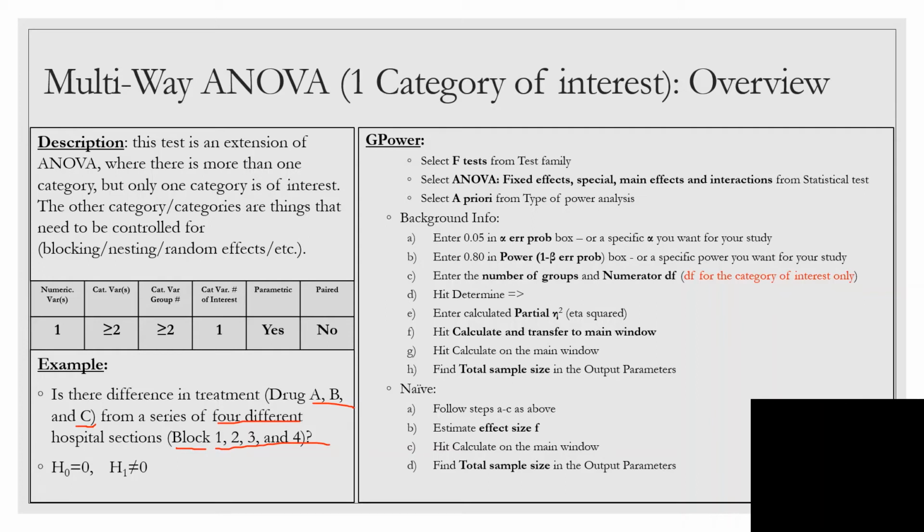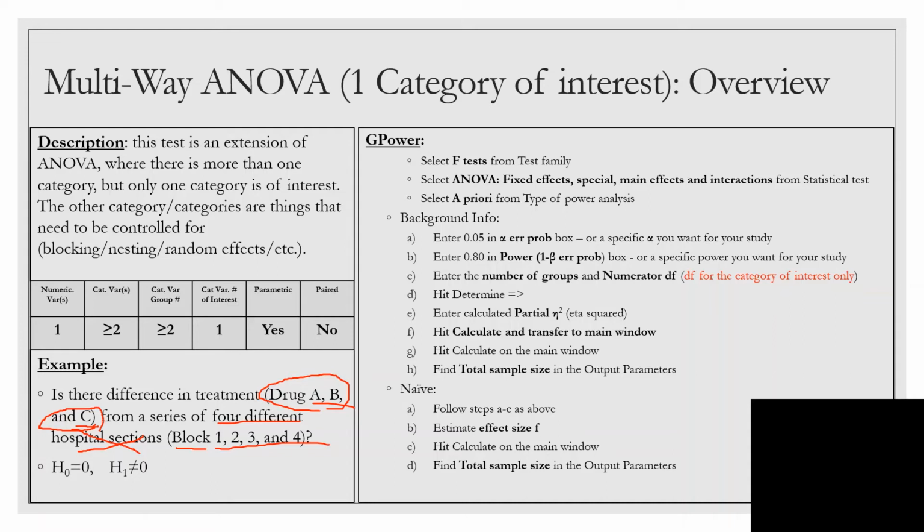We're not interested if there's a difference between hospitals, but we're aware that those might have effects. So we'll account for this to control for variation, so we can more accurately tell if there's an effect of our category we're interested in, say, drug treatment.